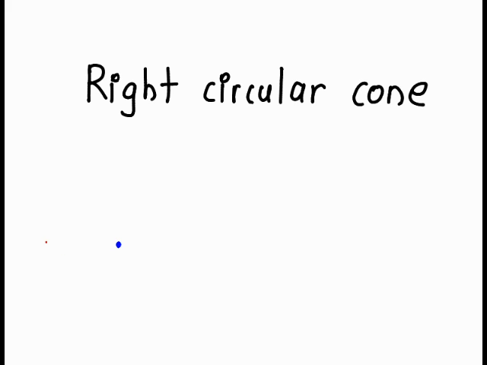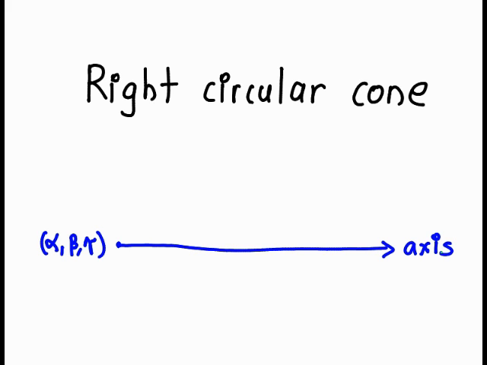So this is the vertex with the coordinates alpha, beta and gamma. Now once we know the vertex, if you draw one straight line from the vertex, this is nothing but the axis of that cone. And the axis of that cone is nothing but the line passing through the vertex.